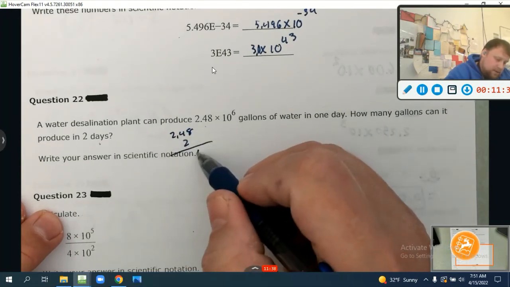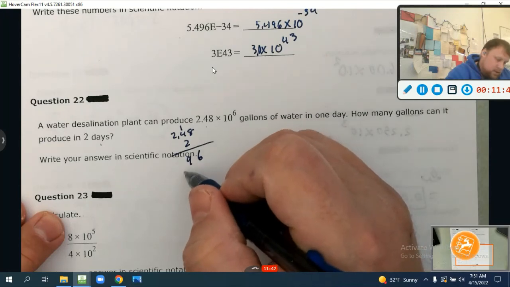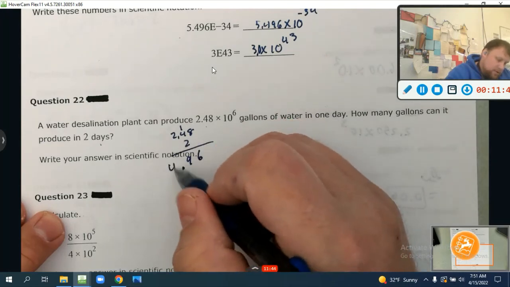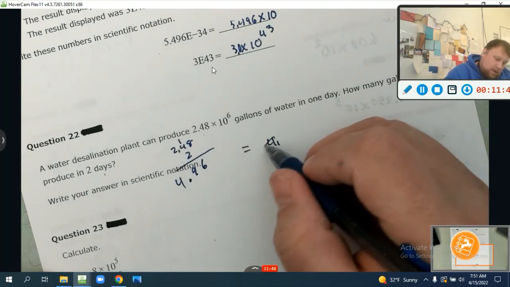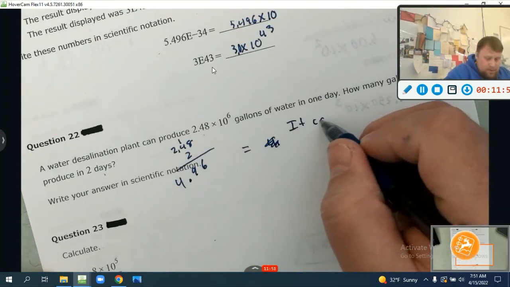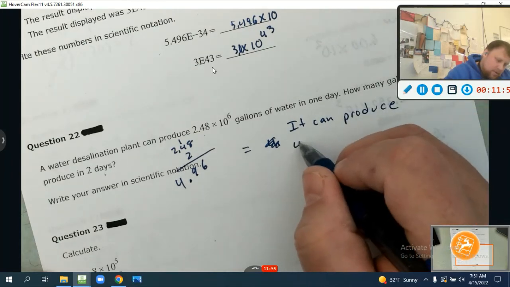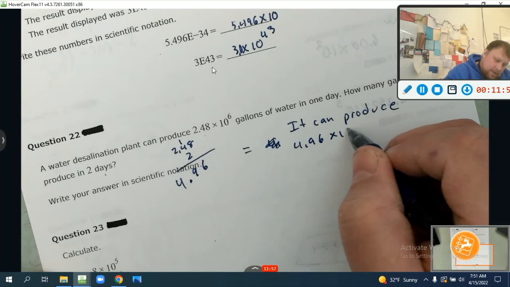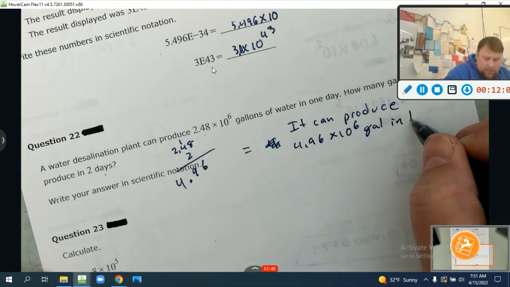That's 4.96. So it can produce 4.96 times 10 to the 6th gallons in 2 days.